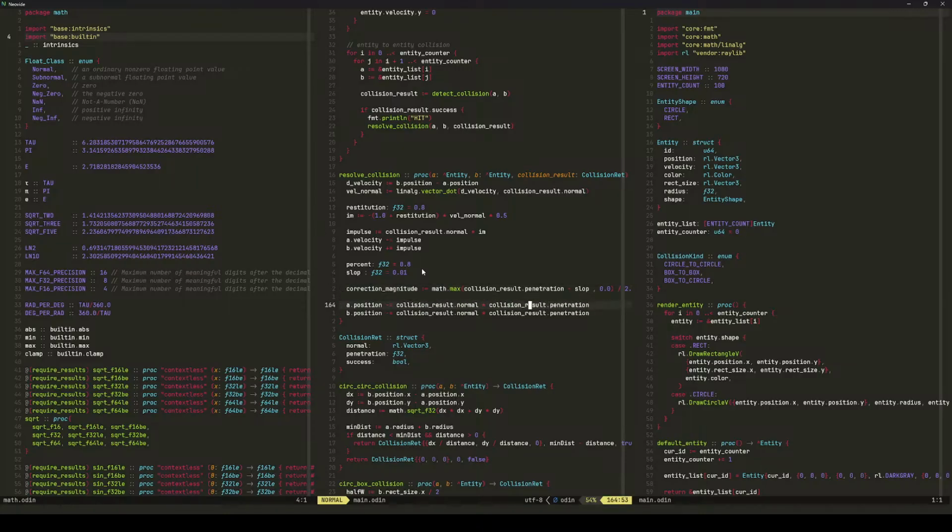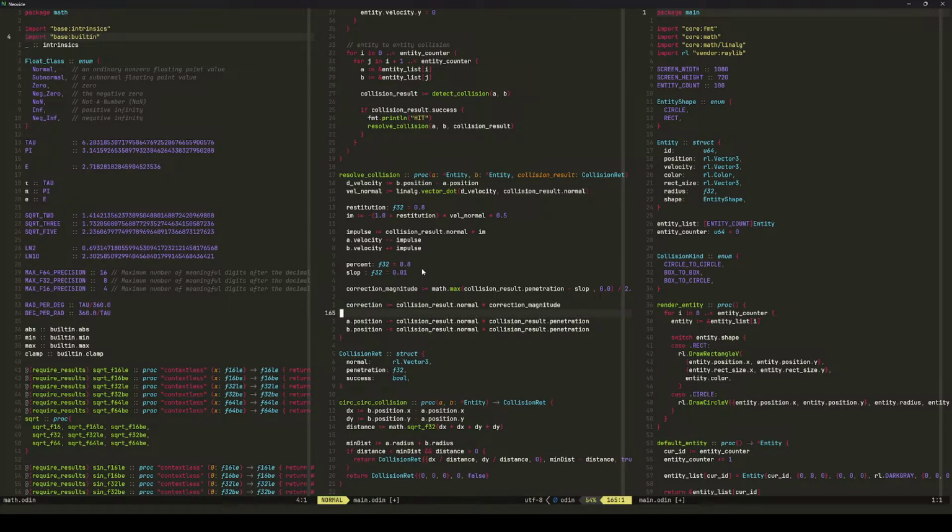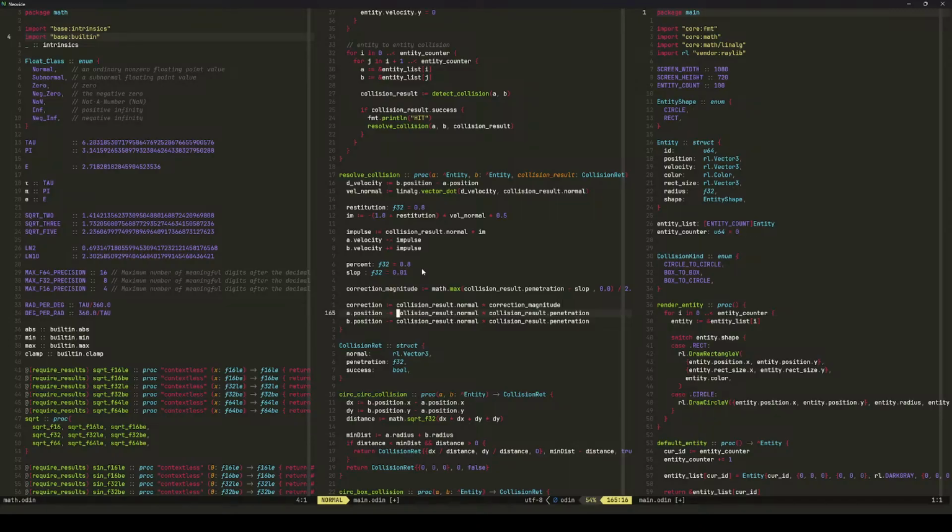Then correction is collision result dot normal into correction magnitude, and so correction.